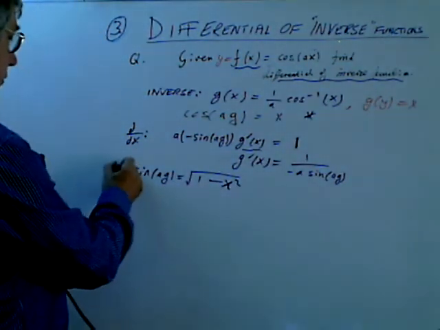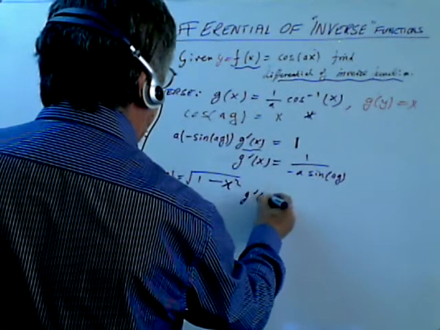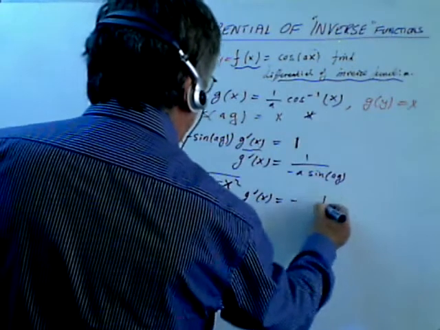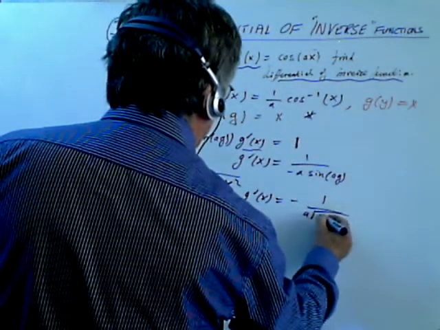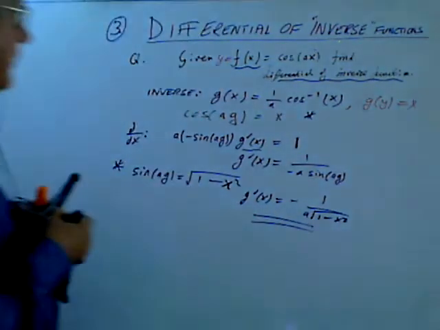So that gives me my final answer. The g dash x is equal to minus 1 over a times the square root of 1 minus x squared. And that is the answer to the problem.